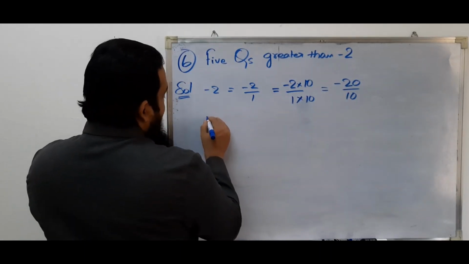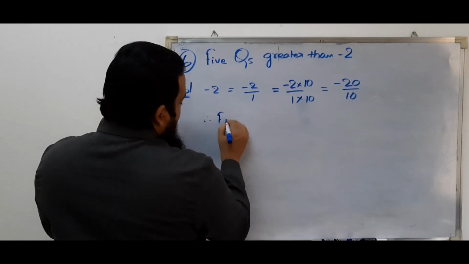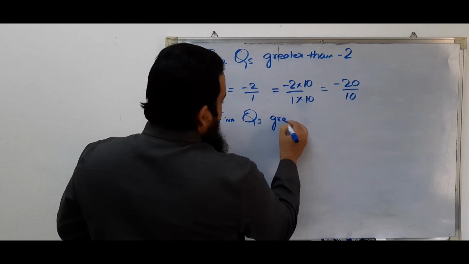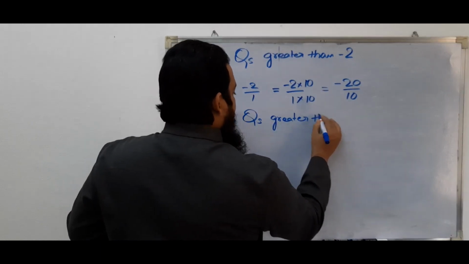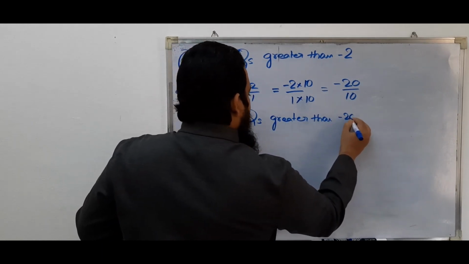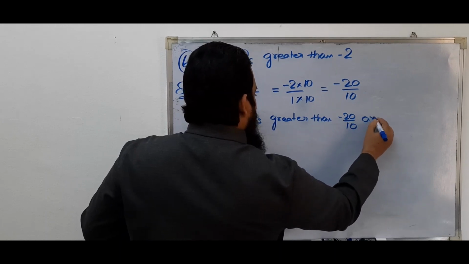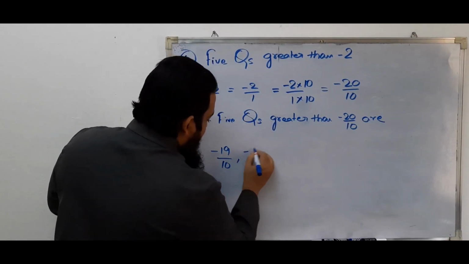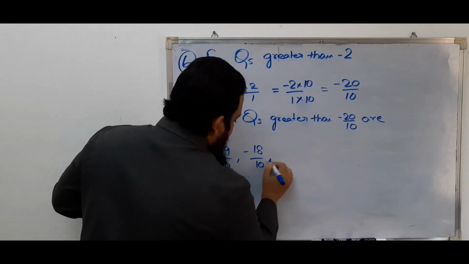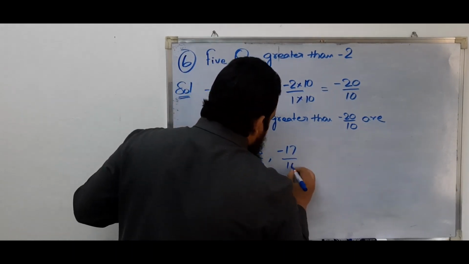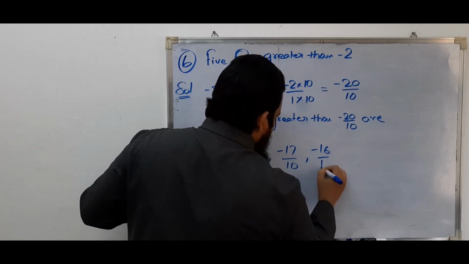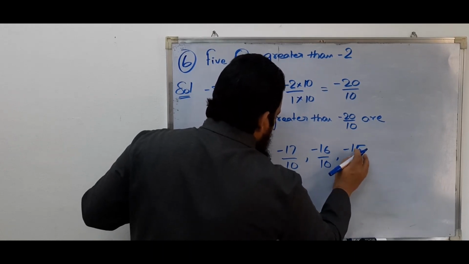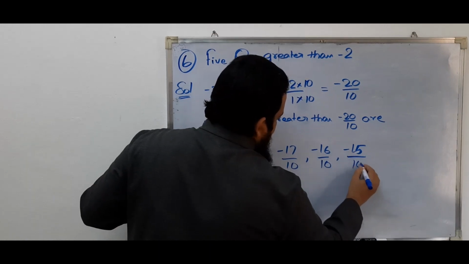Therefore, 5 rational numbers greater than -20 by 10 are -19 by 10, -18 by 10, -17 by 10, -16 by 10, and -15 by 10.